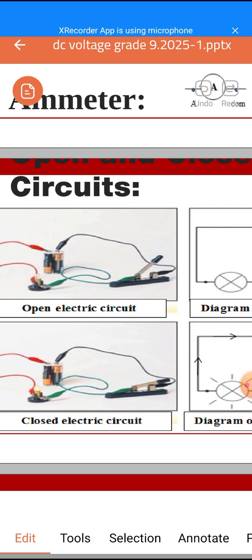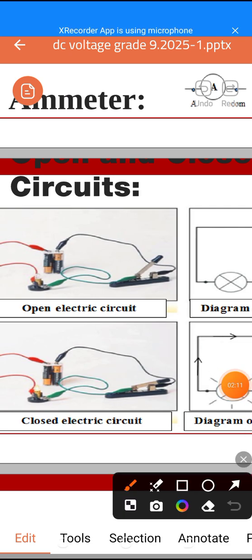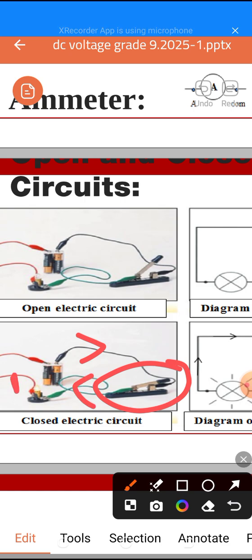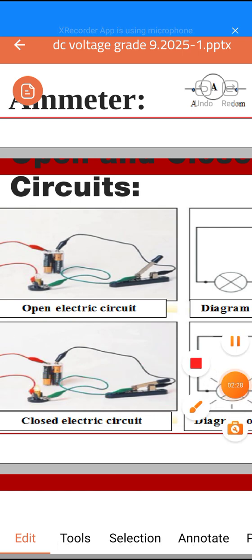Now, when we close the switch, like figure 2 here, the circuit becomes closed. So since it's closed, electric current can flow from the positive pole. It will move through the lamp, and return to the negative pole. And here the lamp glows. Let's turn it to a diagram.